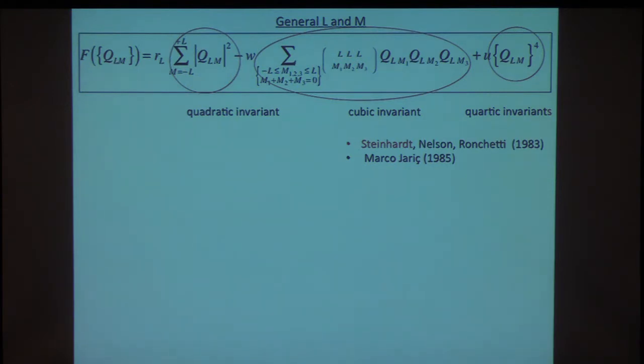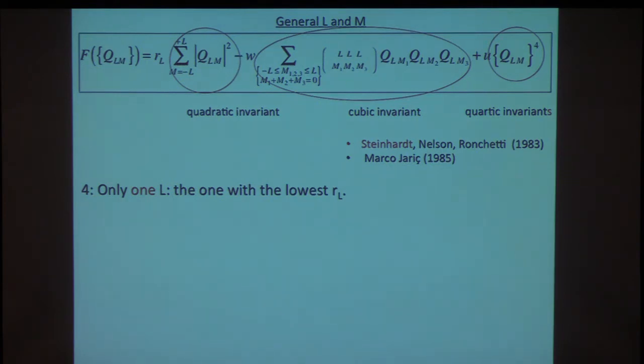So, apparently 3J symbols were invented by Wigner to talk about addition of spherical harmonics. And they reappear here for essentially the same reason, to construct an isotropic term. Marko Jaric, a brilliant postdoc at Harvard who died tragically, was the one who wrote down all the quartic invariants. Okay, so this is it.